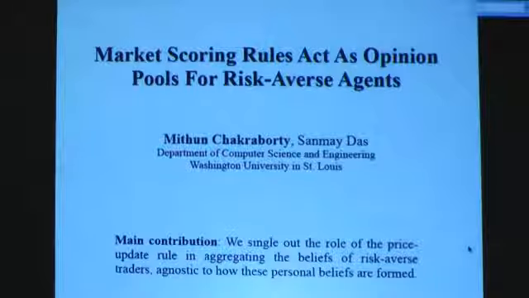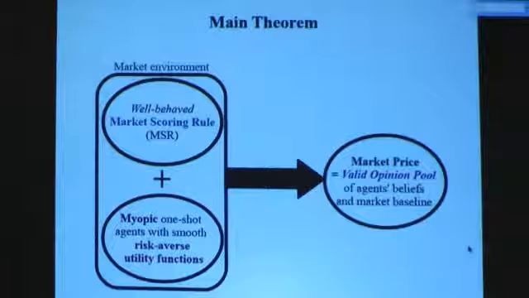In this paper, however, we have adopted a different approach. We assume a myopic one-shot trader setting, and the only other assumption we make about trader behavior is that they follow a generic, smooth, risk-averse utility function. We are agnostic to how the private beliefs of these traders are generated.